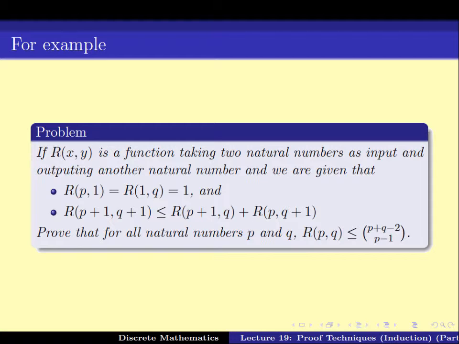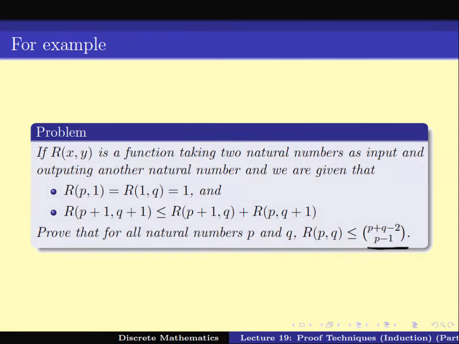If this is the case, then can you prove that for all natural numbers p and q, R(p,q) is less than or equal to (p+q-2) choose (p-1)? So this is the binomial term.